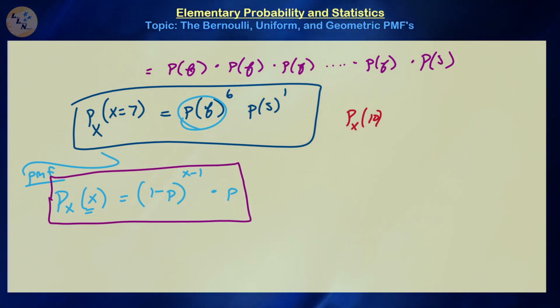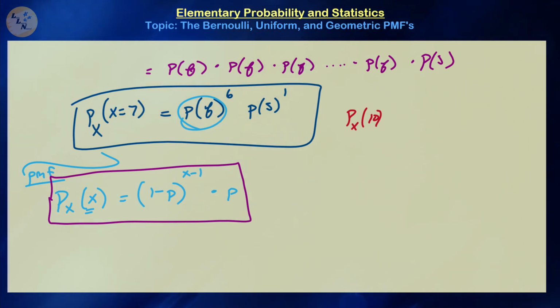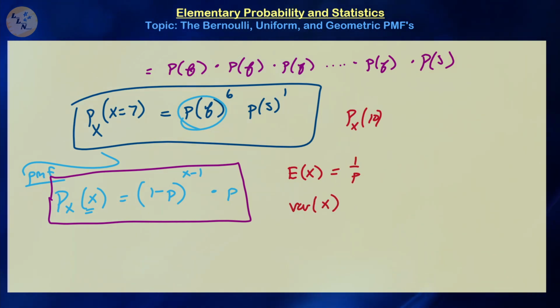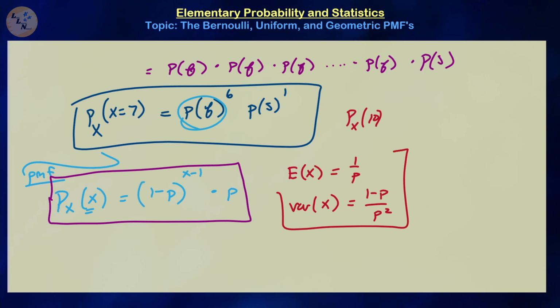So this is the probability mass function for a geometric random variable. And of course it has an expected value formula, so one can show that the expected value is going to be equal to 1 over p, and the variance of that particular random variable is going to be equal to 1 minus p over p squared. And I'll get into the proof of them in an example just a little bit later.